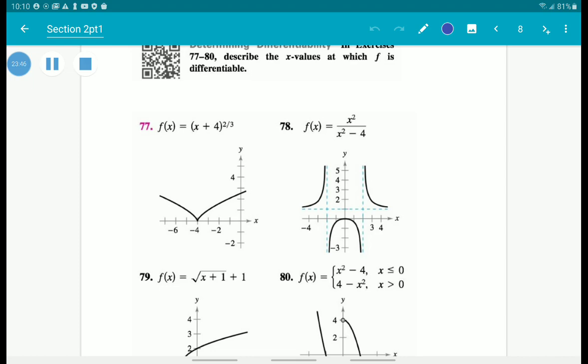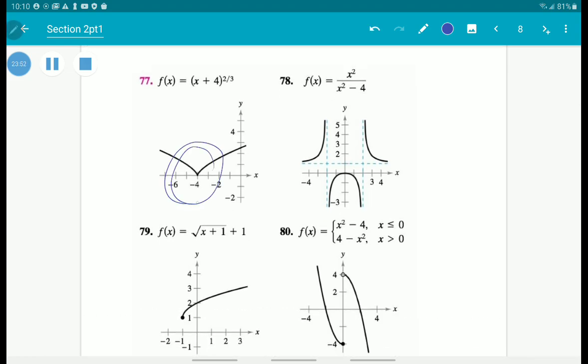So if we look at this first one, number 77, we have (x + 4) to the 2/3 power. So this is an example of a cusp. Notice it's got that little curve in it here, which is why I call it a cusp instead of a corner point. And we're asking, where is it differentiable? Well, it's going to be differentiable everywhere except at that cusp. At that cusp, it's going to have a problem.